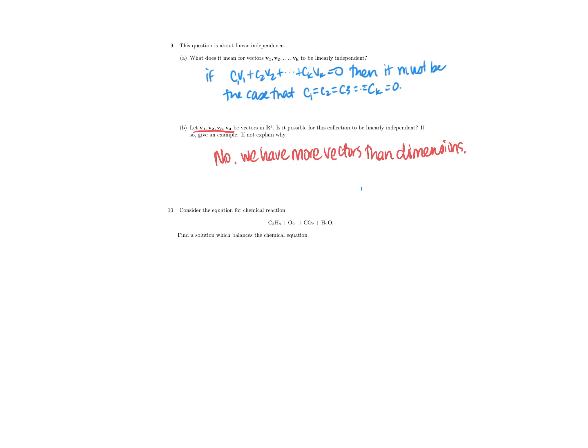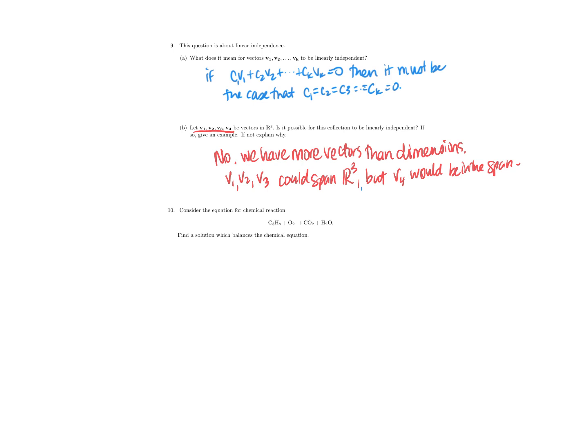So V1, V2, and V3 could form a basis, could span R3, but V4 would be in the span. So you can span a 3-dimensional space with 4 vectors, but you have too many vectors.